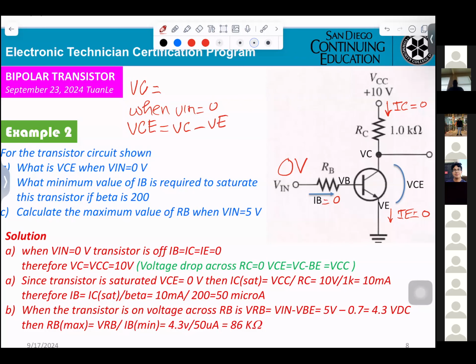And that equals VC minus 0, which equals VC. If something is not right or it's confusing, let me know. VE connects to the ground, right?